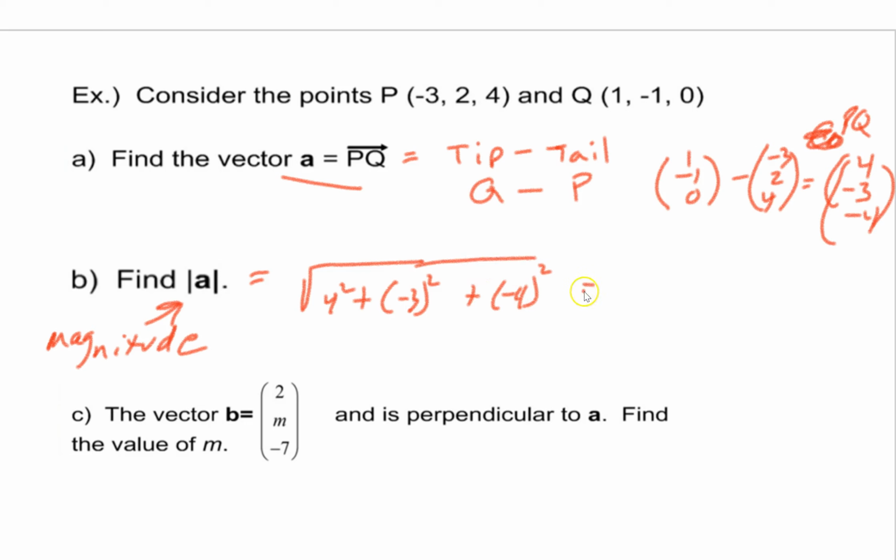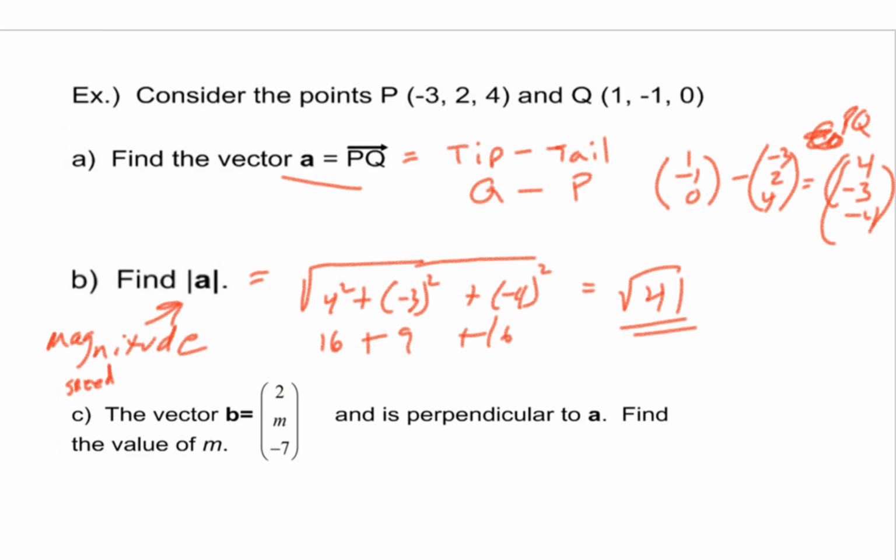So I should get 16 plus 9 plus 16, which is 32 plus 9, the square root of 41. So that's the magnitude. That's how long my vector is, square root of 41. By the way, magnitude is also known as speed of a vector, because it's how fast it is. So speed also is a magnitude. We'll talk about more of that later too.